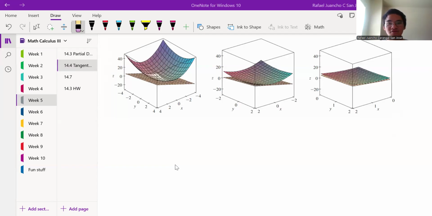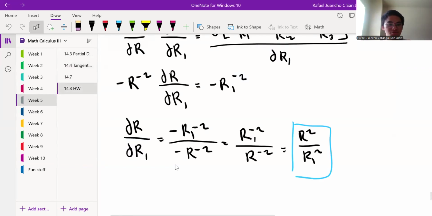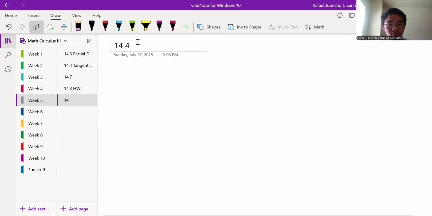I'm also taking my time here just because I want to really get the idea of tangencies. So that's 14.3. I want to make a new one. Okay, 14.4. Let me do number one.